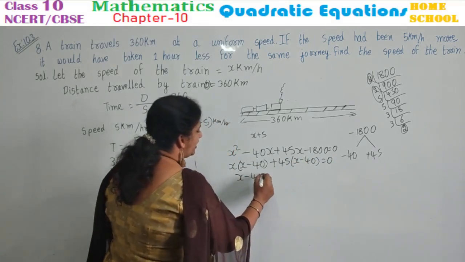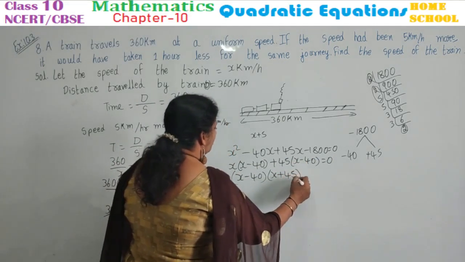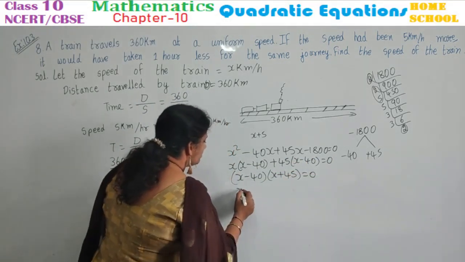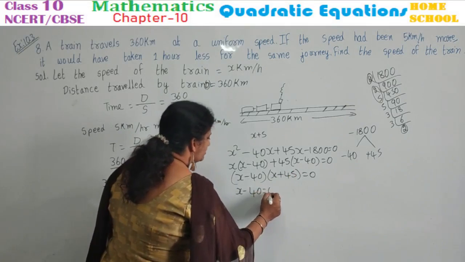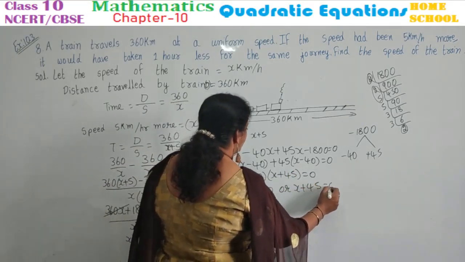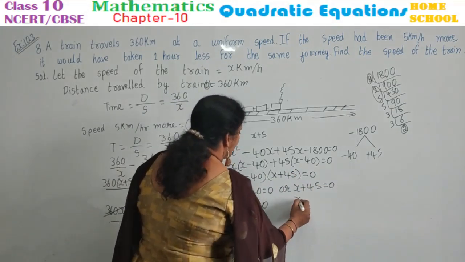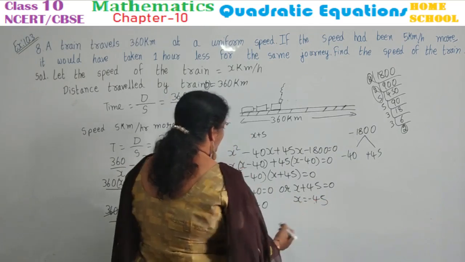So x minus 40 into x plus 45 equal to 0. x minus 40 equal to 0 or x plus 45 equal to 0. x is equal to 40 and x is equal to minus 45.